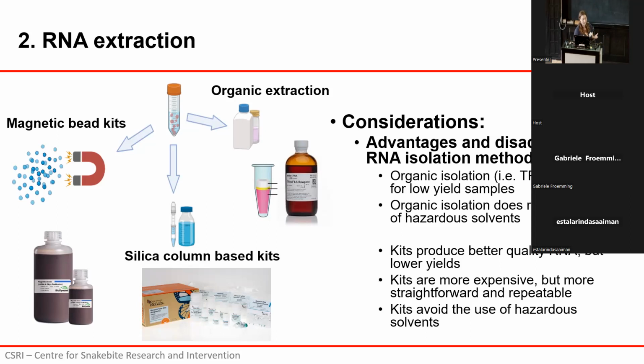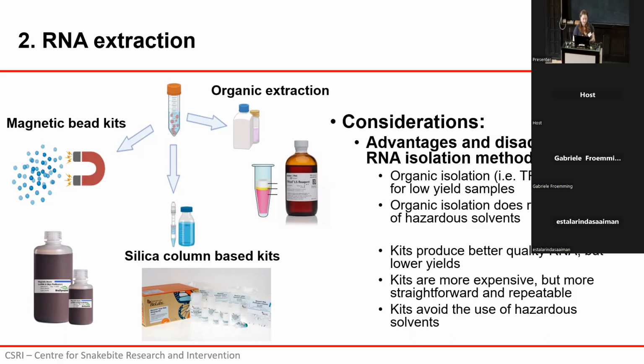However, we found that using kits, especially column-based kits, gives overall better quality RNA. You have less contamination. Especially with Trizol, sometimes it's really difficult to remove all of the solvents. And so you would get a low 260/230 ratio, which I have in the next slide, which essentially detects solvent contamination.